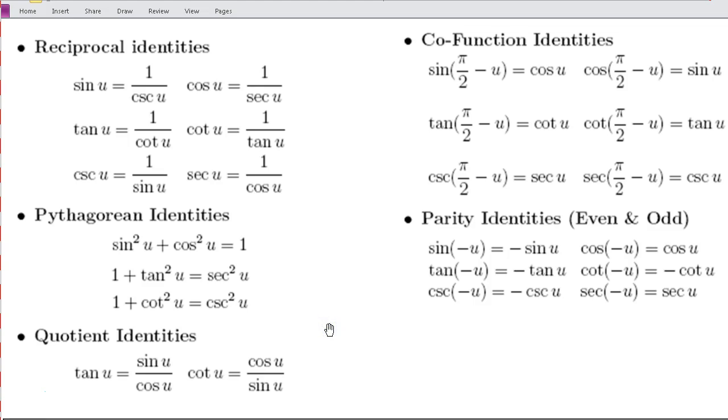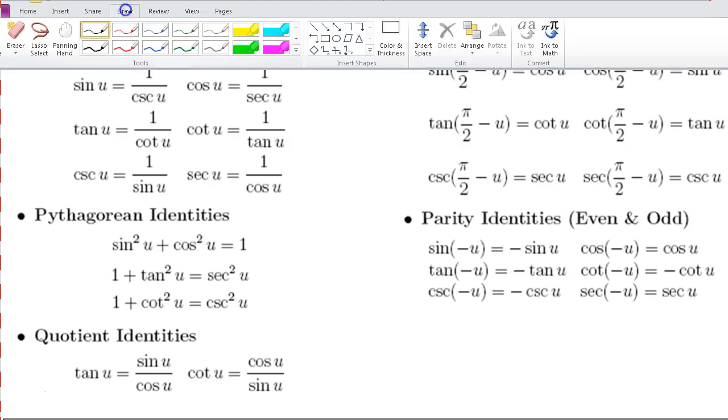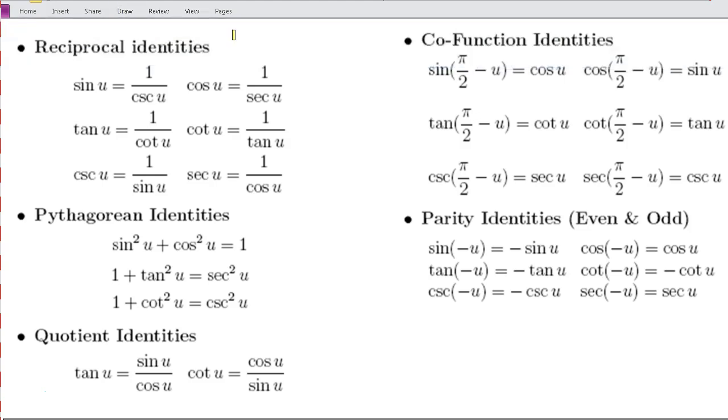So, the first step to being successful is knowing your identities. The better you know your identities, the easier you're going to see which ones might apply in a particular problem.